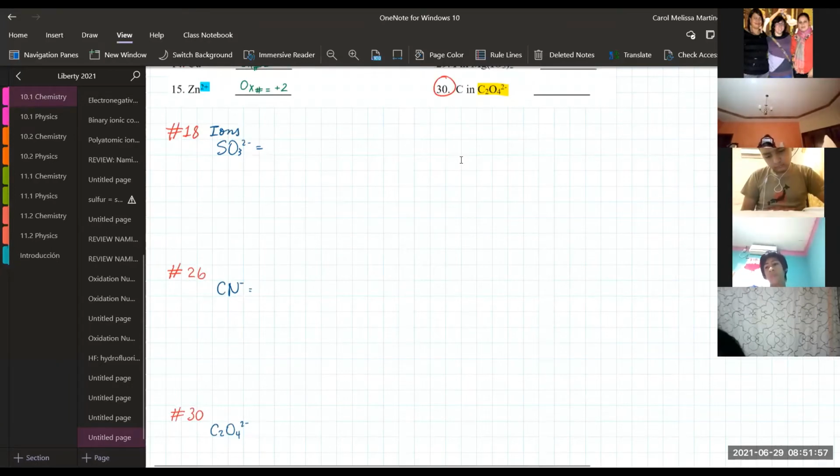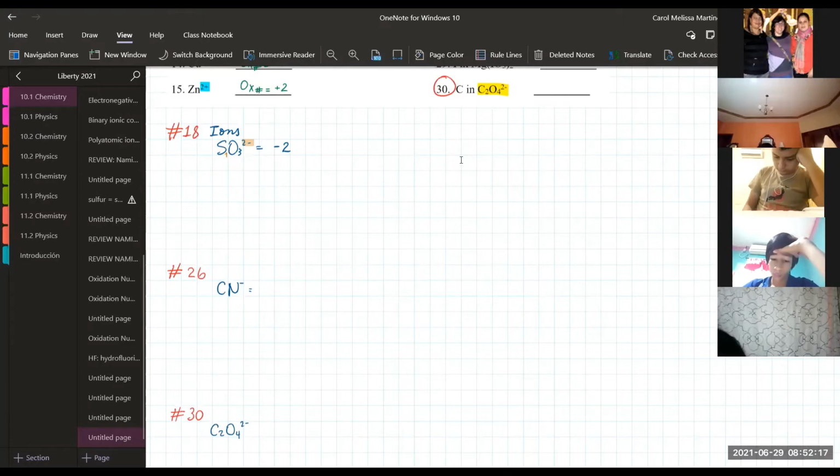In this case, the charge is 2 negative, so this is going to be equal to negative 2. Remember that when you don't see any subscript, the subscript is actually an invisible 1.